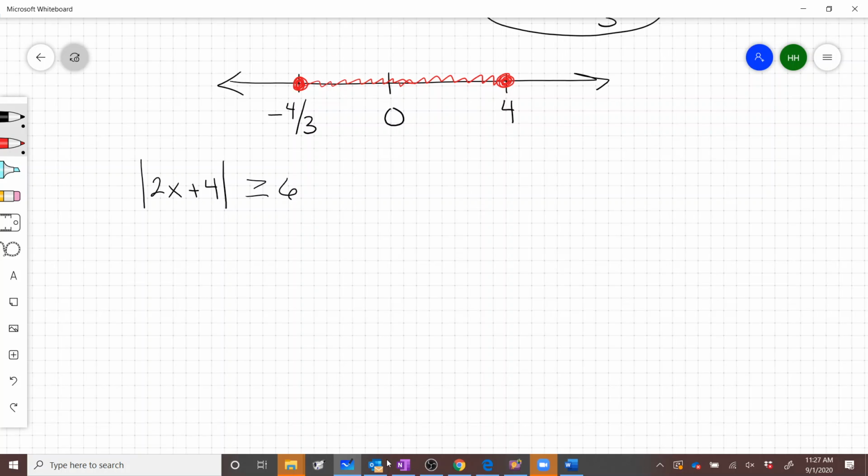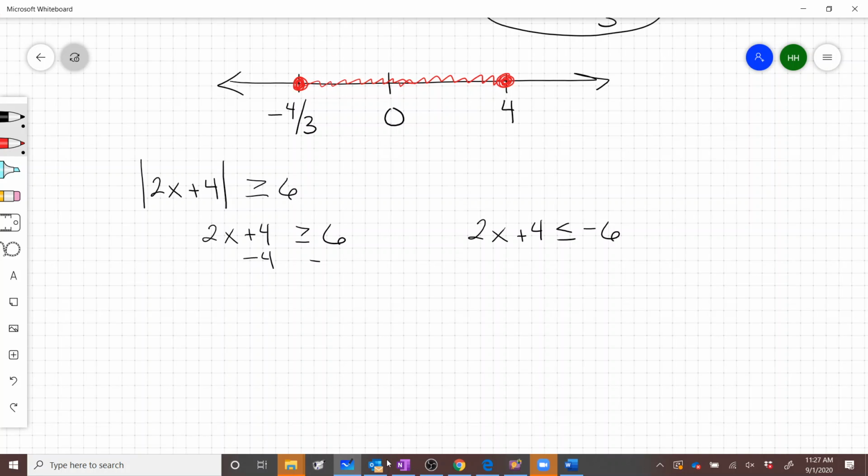Same concept. We're going to rewrite this twice. So we got 2x plus 4 greater than or equal to 6, and 2x plus 4 less than or equal to negative 6. Solve them both, graph them both.